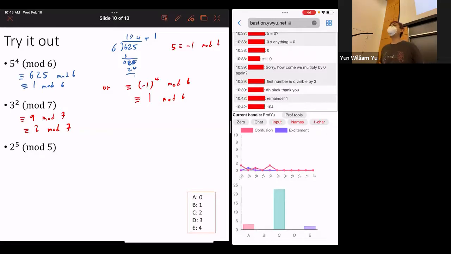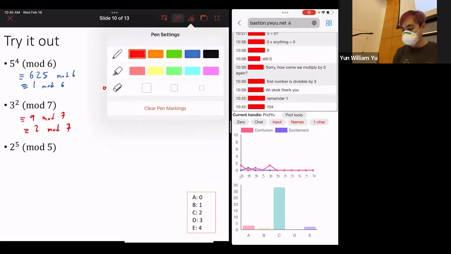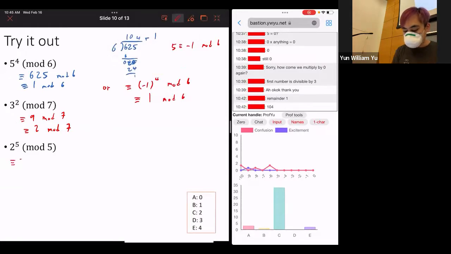Okay, it looks like people did not fall for the trick. I don't know if that's a good or bad thing, but there was a trick here, which is that 2 to the 5 is not the same as 2 to the 0. So let's first do it correctly. So that is equivalent to 32 mod 5, which is equivalent to 2 mod 5.